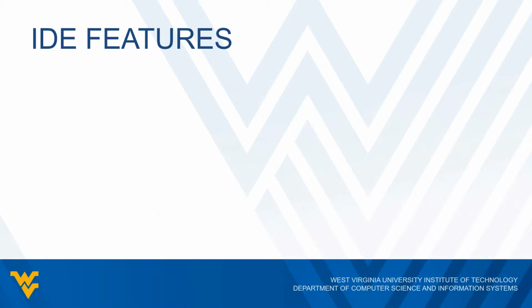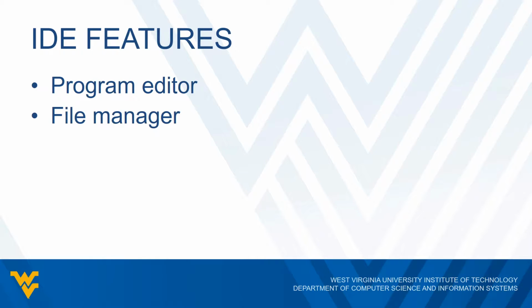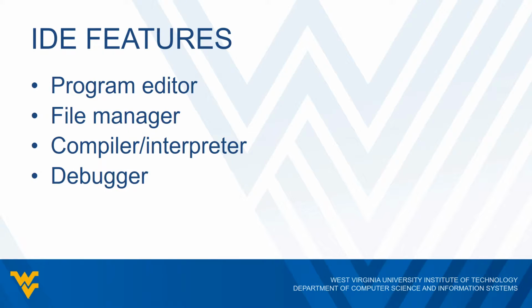A modern programming IDE provides us with several different tools and features to help us with designing our software. It usually includes a program editor or a text editor, and a file manager for all our different files for our source code. It would come with a compiler or maybe even an interpreter. We would have a debugger that's built in so we can actually test some stuff.